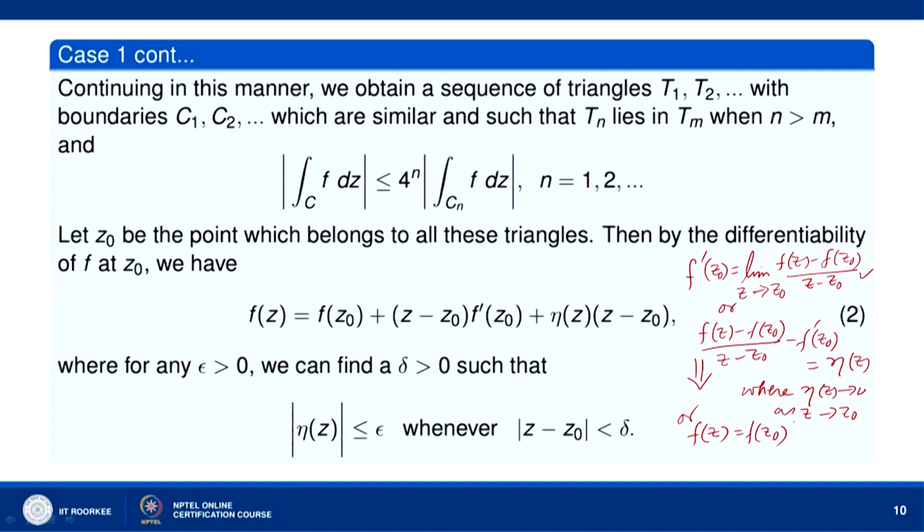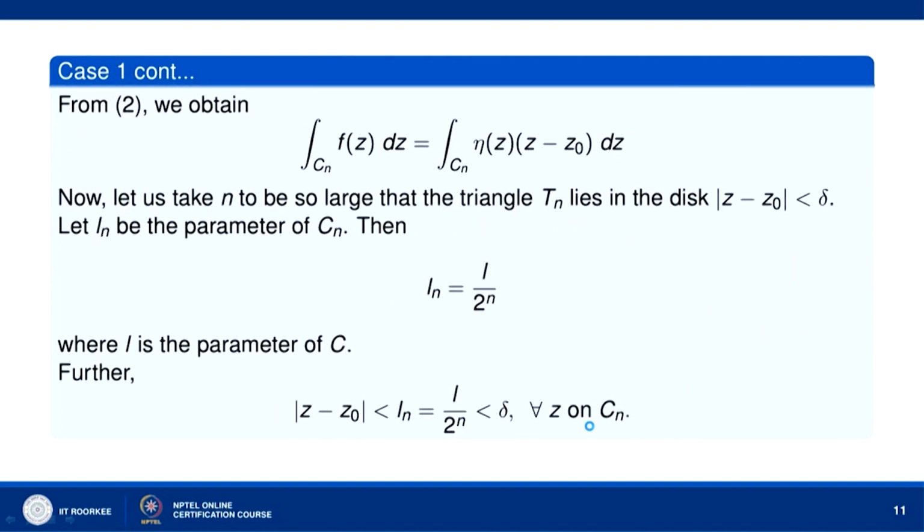By multiplying the equation by (z - z0), we have f(z0) + (z - z0) f'(z0) + eta(z)(z - z0). Now, eta(z) goes to 0 as z goes to z0. So, for any epsilon greater than 0, we can find a delta greater than 0 such that the modulus of eta(z) is less than or equal to epsilon whenever the modulus of (z - z0) is less than delta. This follows from the definition of limit.